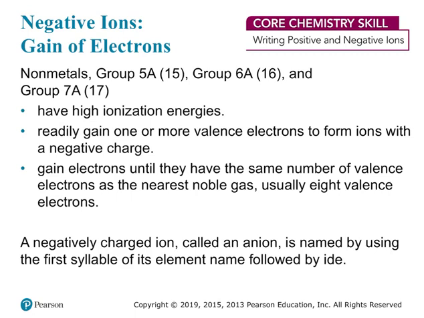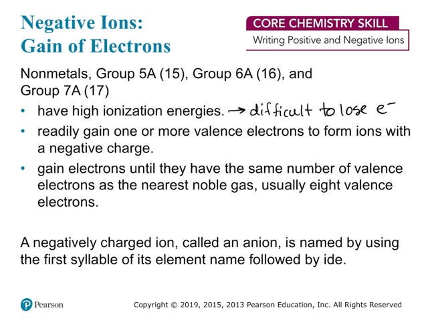Now what about nonmetals? Because remember, in an ionic bond, we have a metal and a nonmetal atom. So nonmetals, which are in groups 5A, 6A, and 7A, have really high ionization energies, which means that it's difficult to lose electrons.